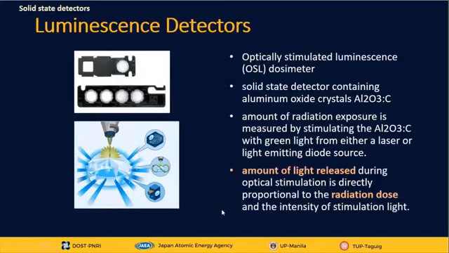Similarly, the amount of light released during optical stimulation is directly proportional to the radiation dose and the intensity of the stimulation light. So luminescence detectors are generally used to measure absorbed or accumulated dose.